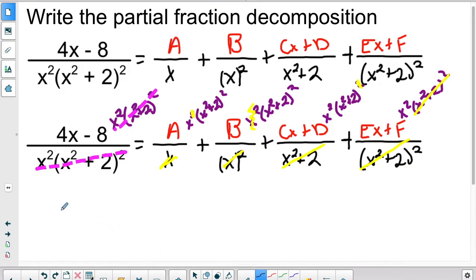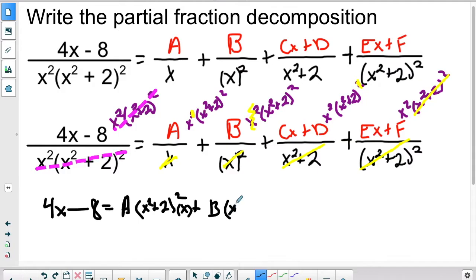So when we look at this, what we have left on the left-hand side is 4x minus 8, which is equal to a times x squared plus 2 squared plus b times x, well, also x times x as well.